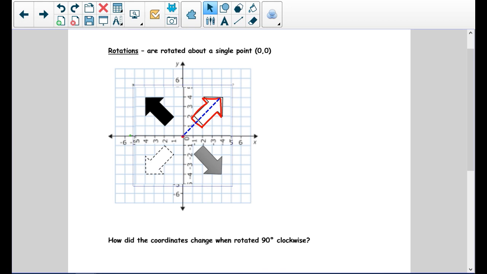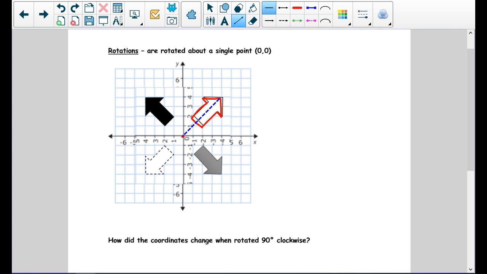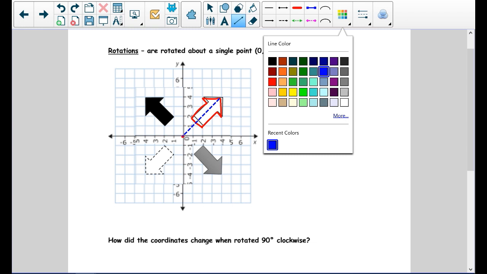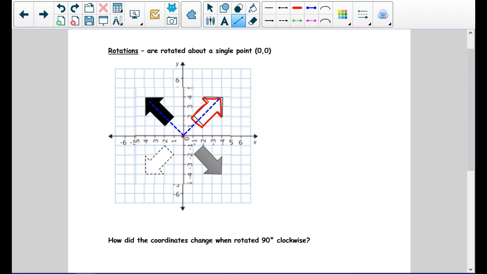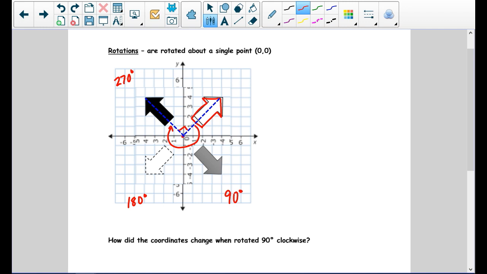And again, if I put one more line on here up to the point, it looks like a 90-degree angle here, which then means this rotation here is at 270. Okay, so we have a 90-degree rotation clockwise, 180-degree rotation, and 270-degree rotation clockwise.